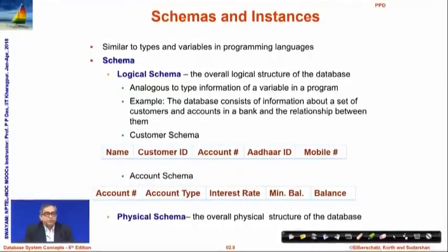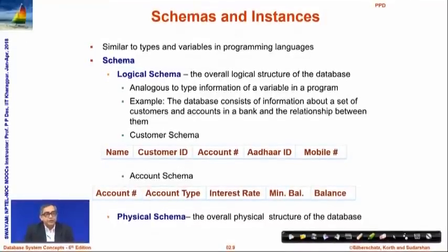So, if we talk about a customer schema, it has multiple different fields. It should talk about the name of the customer, ID of the customer, its account, possibly the other ID, the mobile number and so on. The fact that these fields need to be present for describing a customer forms the customer schema.